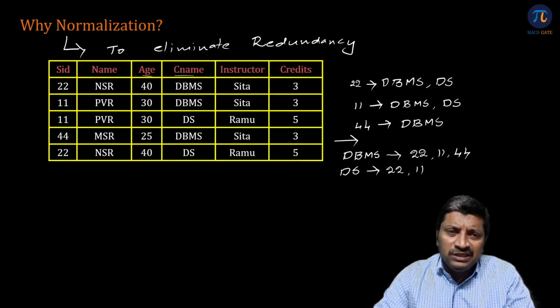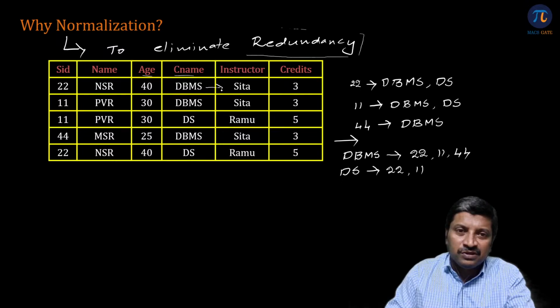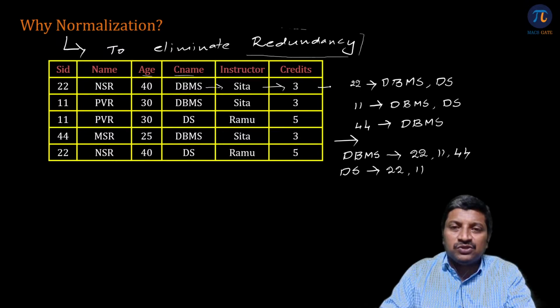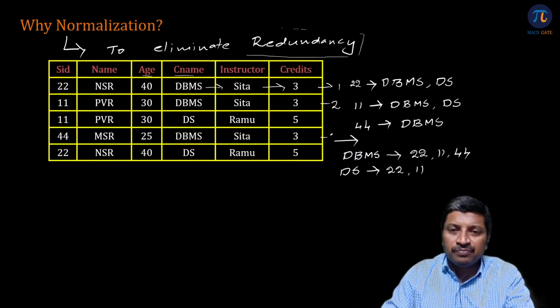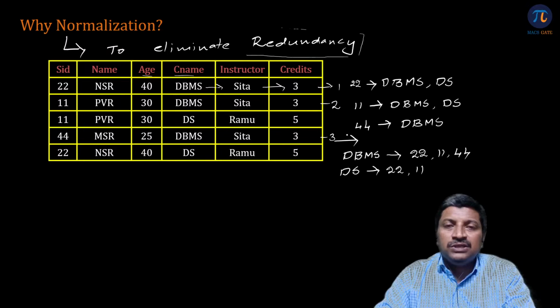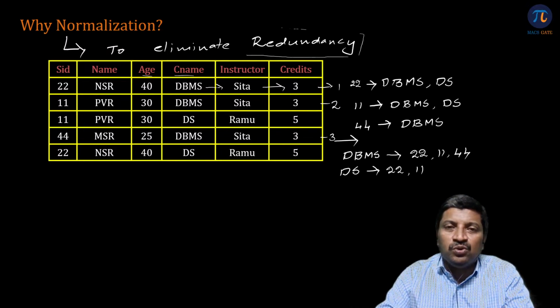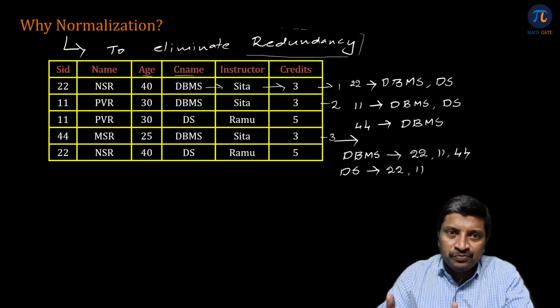So in this case, we stored the details of the DBMS course registration many times. How many times, sir? Three times. So the same data is stored in multiple copies. That is an example of redundancy.